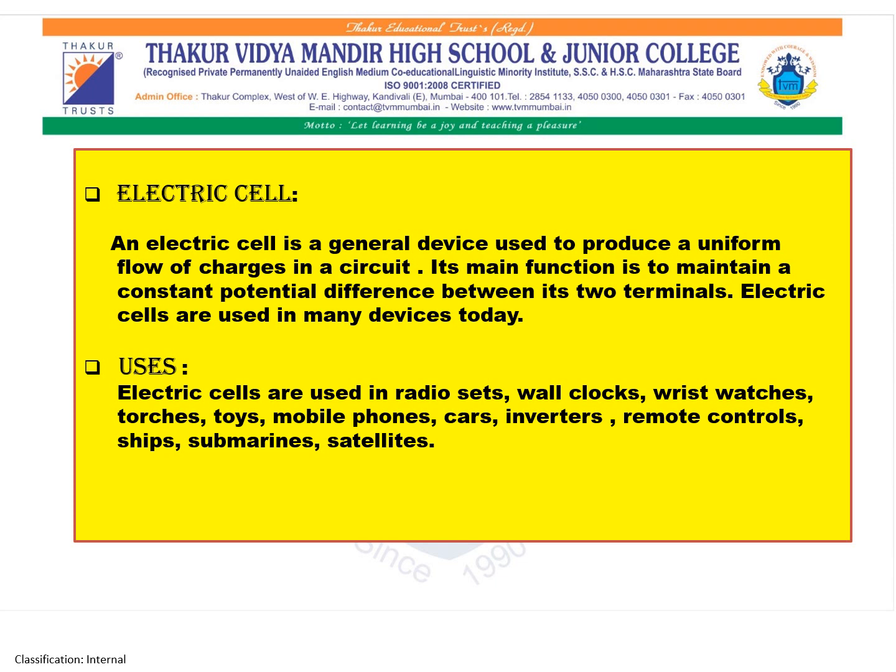An electric cell is a general device used to produce a uniform flow of charges in a circuit, and its main function is to maintain a constant potential difference between its two terminals. These electric cells are used in many devices today.